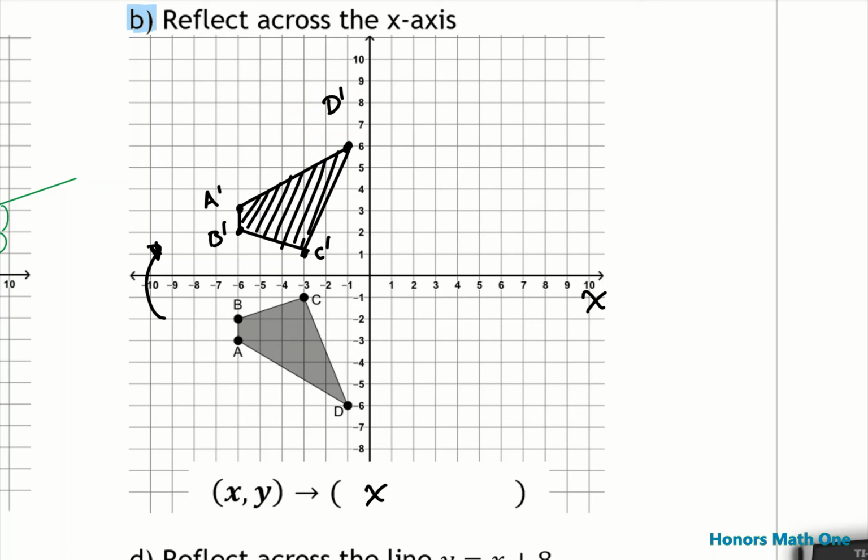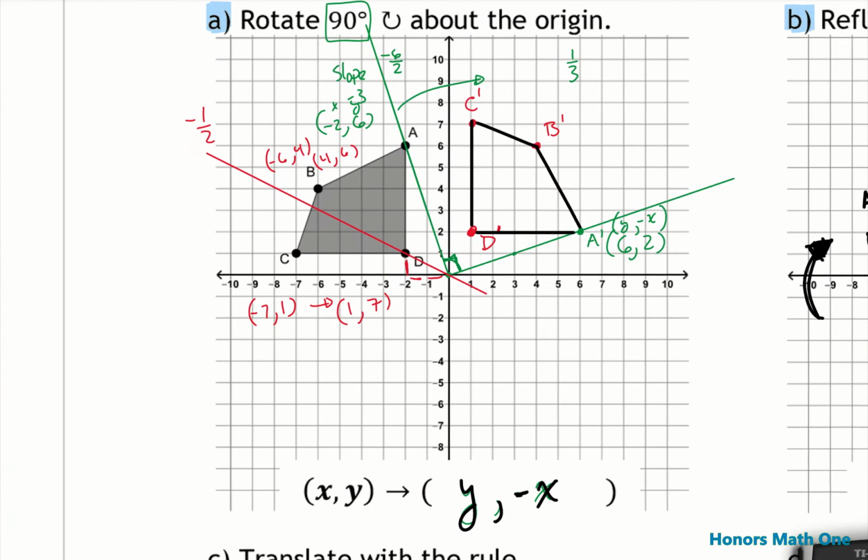What is changing is that instead of mapping y to where it was, it always becomes the opposite of what y is. So you'll notice that x stayed in the same place, but to do a reflection across the x-axis, we're looking at y goes to the opposite of y, and that's how this reflection happens across this line.